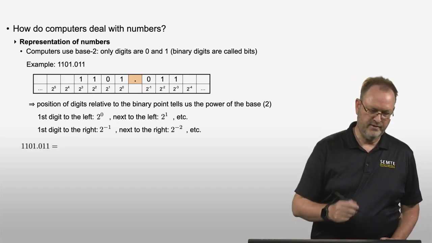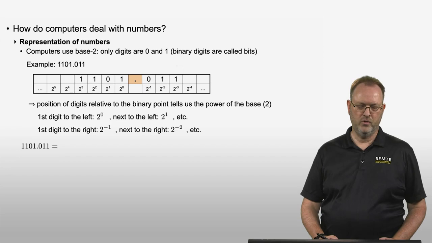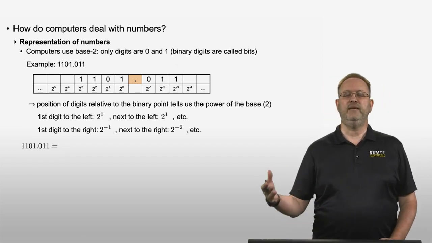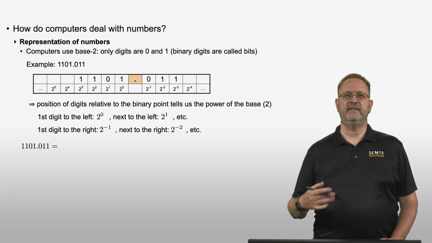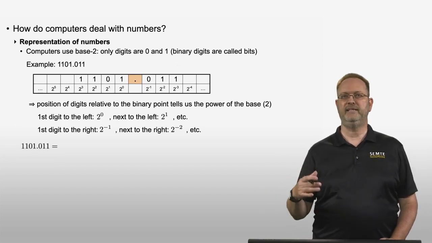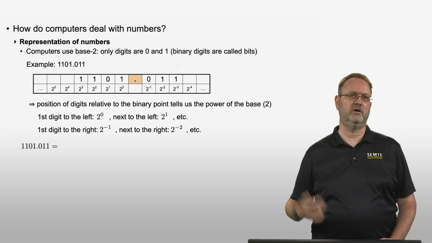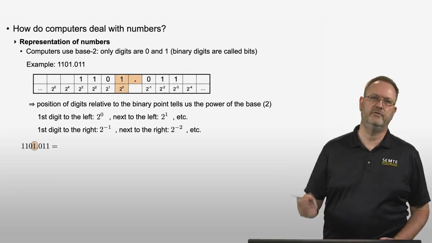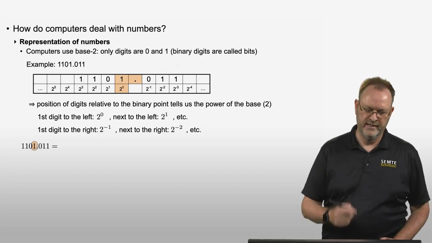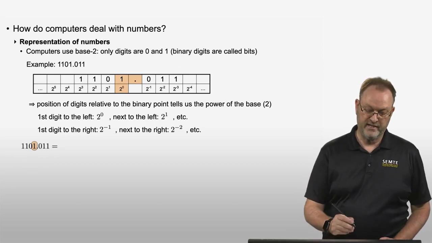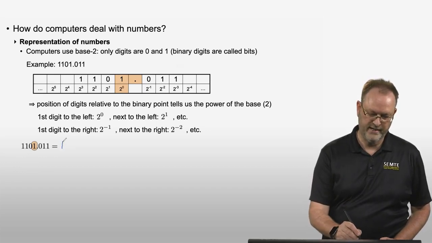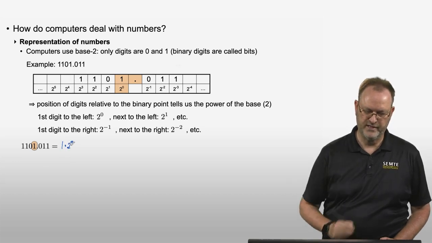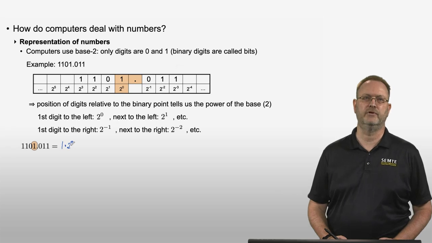So let's do this number here, 1101.011, and express it the same way as we did a decimal number, as the sum of a digit multiplying its corresponding power of 2. If we start with the first digit to the left of the binary point, the digit here in the number is a 1. So this 1 multiplies the power of 2 which is 0, so times 2 to the power 0.